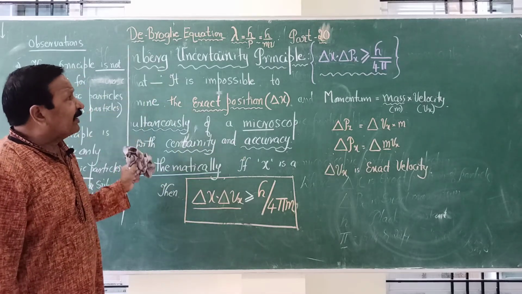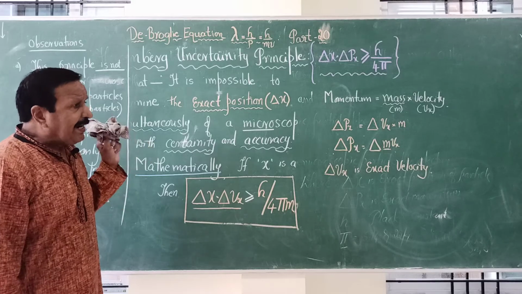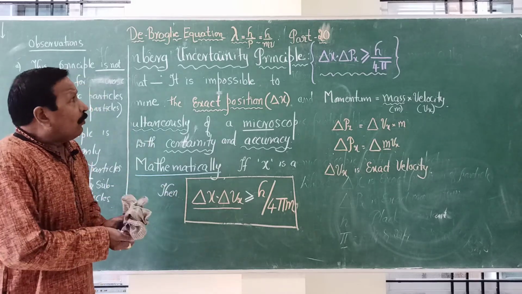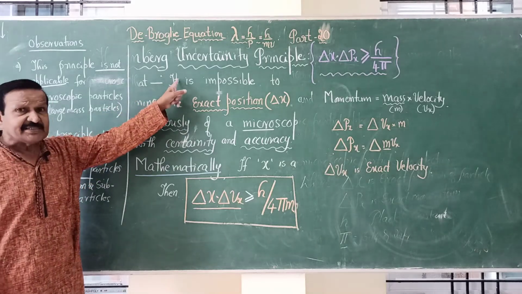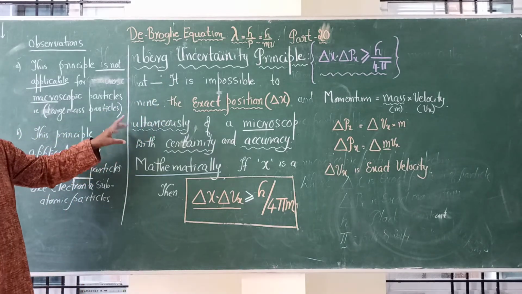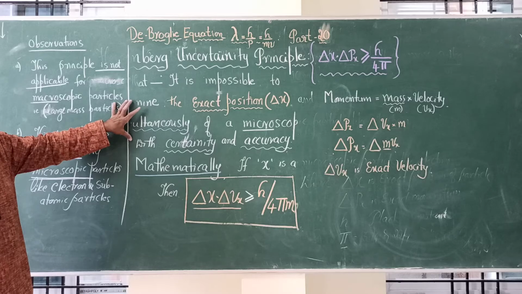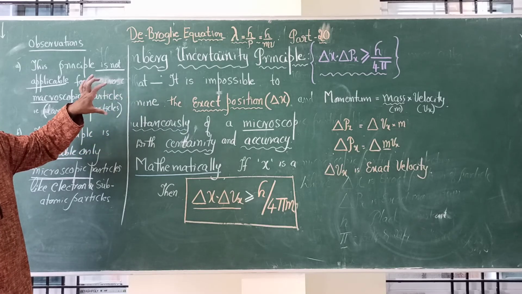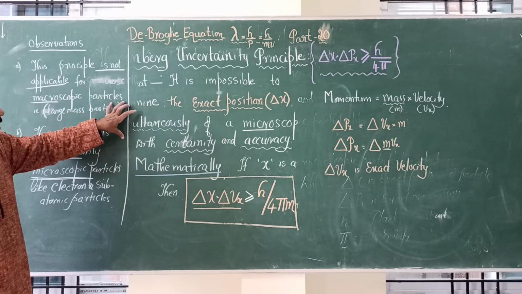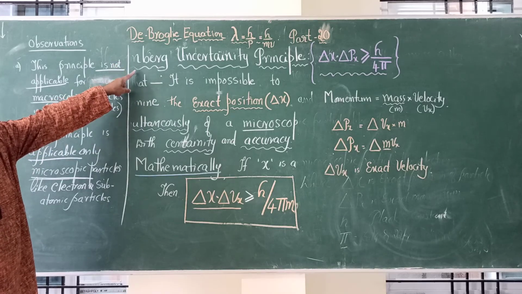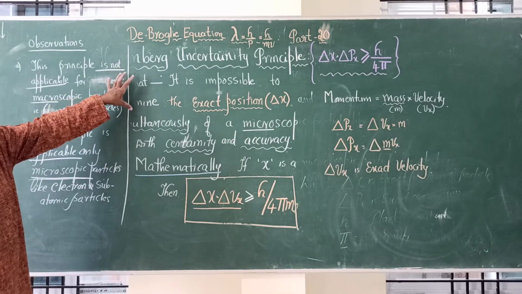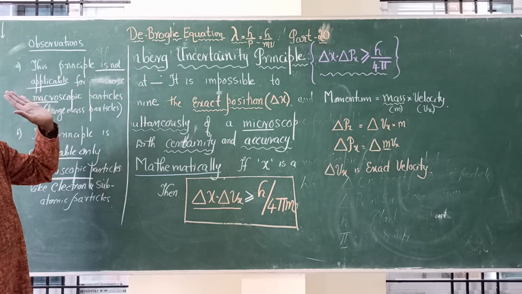So this is about your uncertainty principle, and next we are going to the importance of the Heisenberg uncertainty principle. There are two important applications. First, it says that orbits cannot be present.